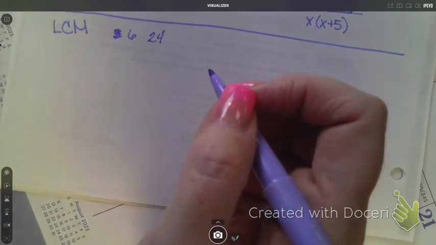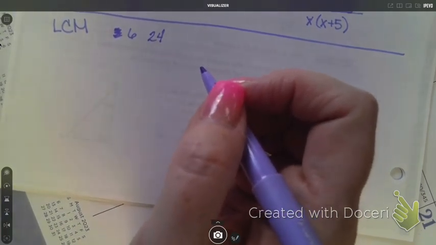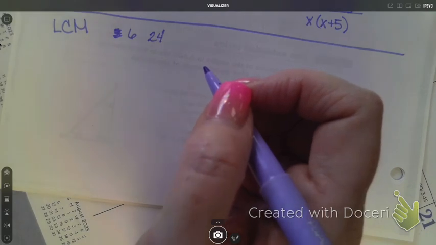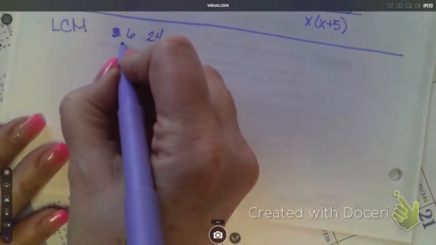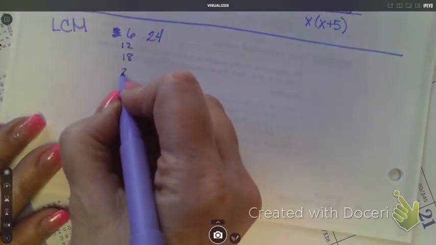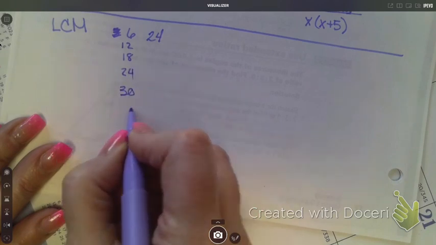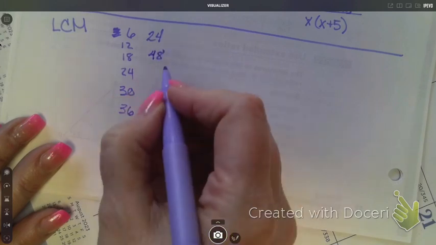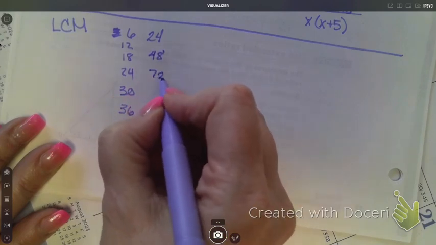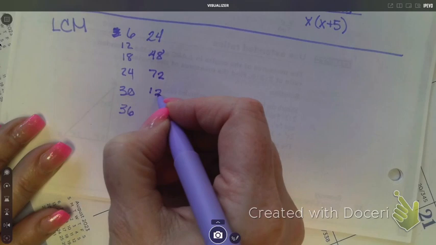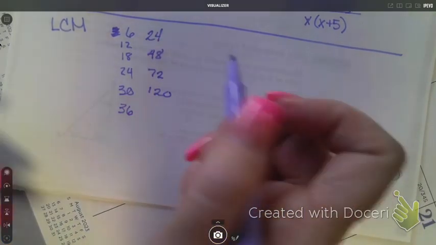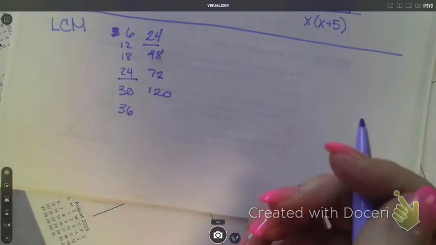What are the multiples of 6? 6, 12, 18, 24, 30, 36. And multiples of 24 are 24, 48, 72, 120. These multiples go big, yes? So the least common is 24.